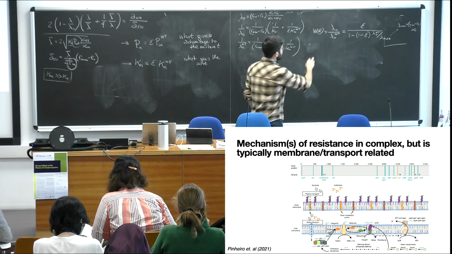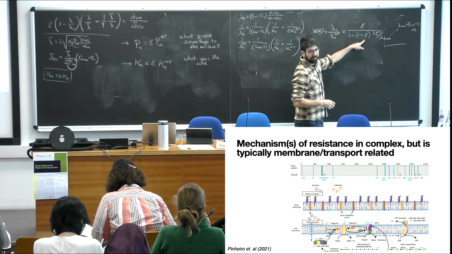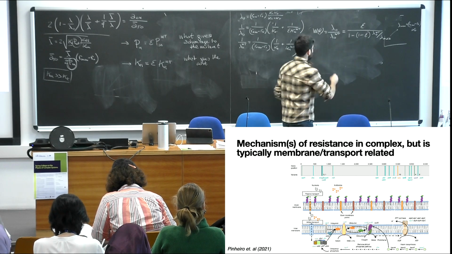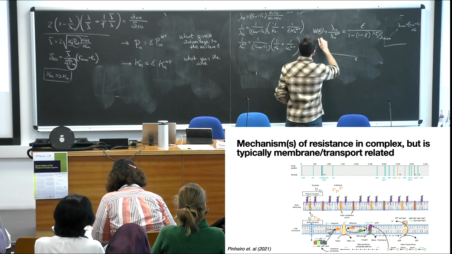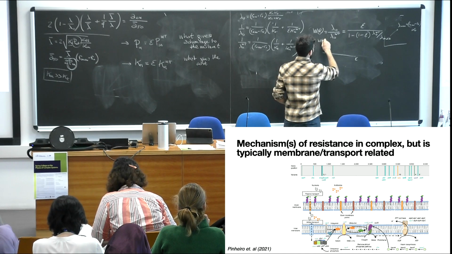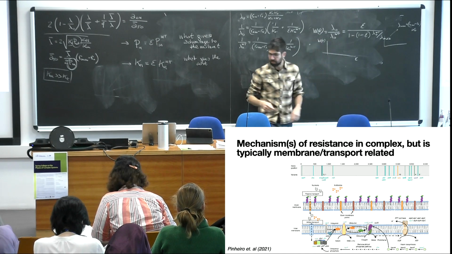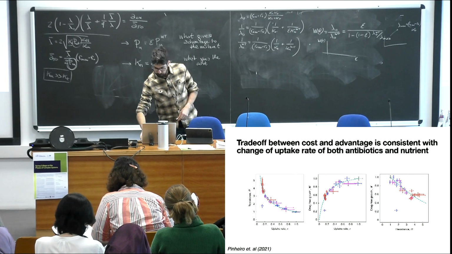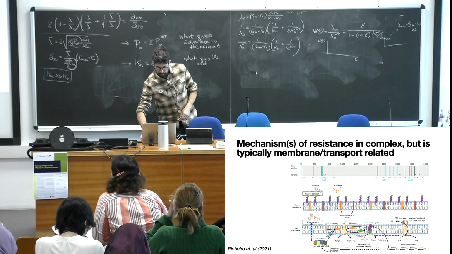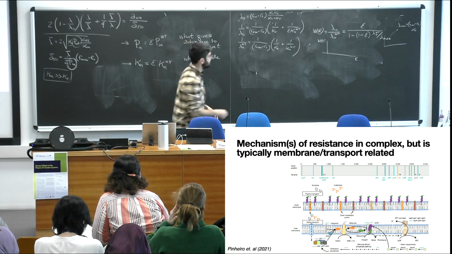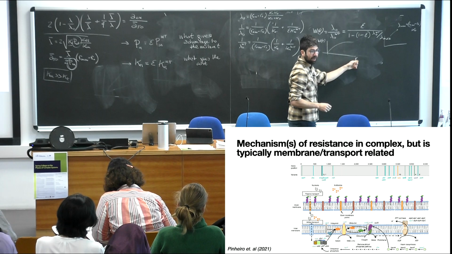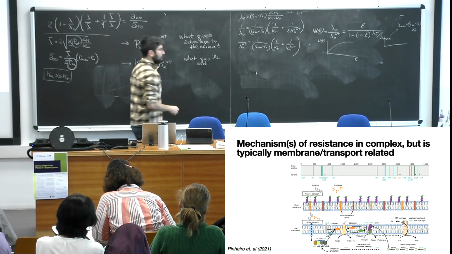So what you see here is that this function is an increasing function of epsilon, right? Sorry, I said something wrong. Yes, it's an increasing function. Sorry, I was very confused. It's an increasing function of epsilon, right? Because if epsilon is equal to 1, it means that you are exactly equal to the wild type.